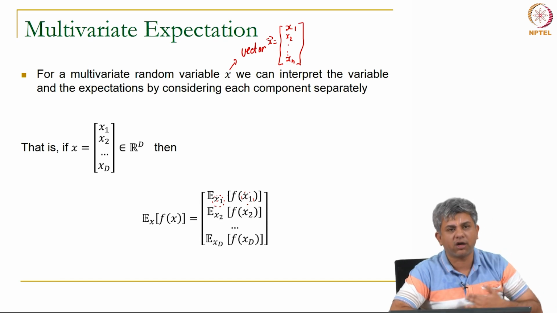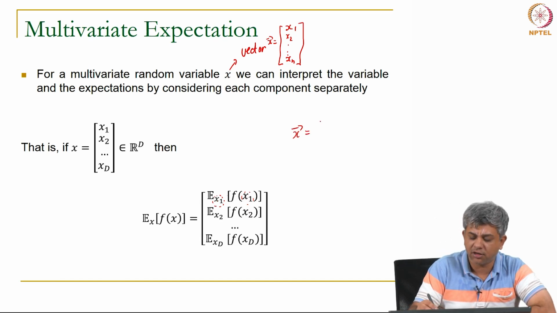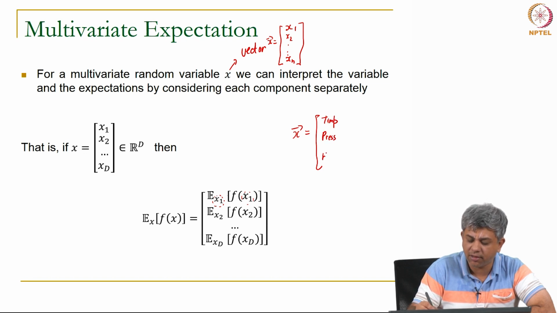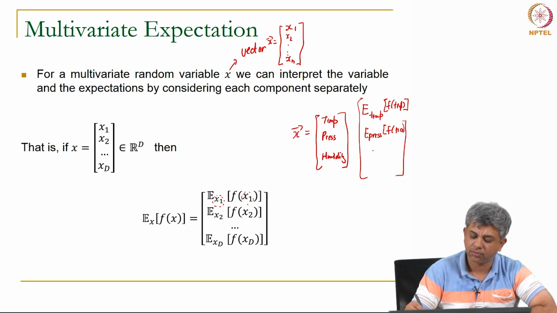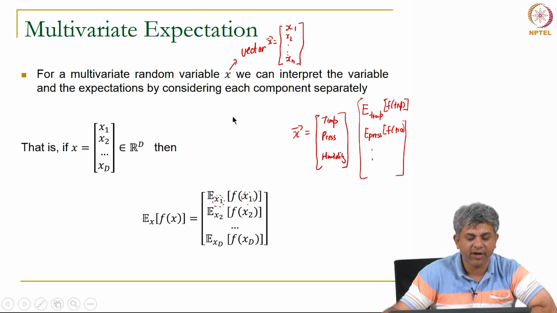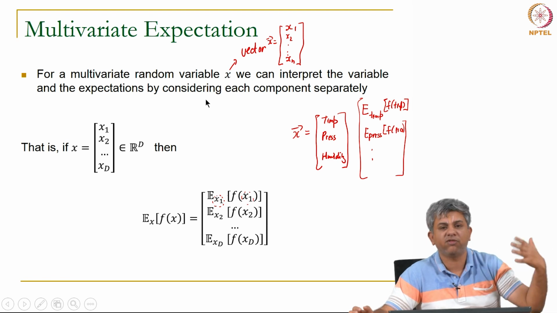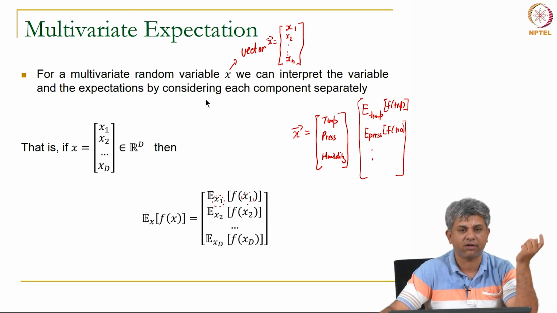So, if my x vector is temperature, pressure, humidity, then I will take expectation over all possible values of temperature, of some function of temperature if you are interested in that, so on and so forth, expectation over all possible values of pressure, function of pressure. So, that is multivariate expectation. Multivariate simply means multiple variables. X is not a single scalar, it is a vector.